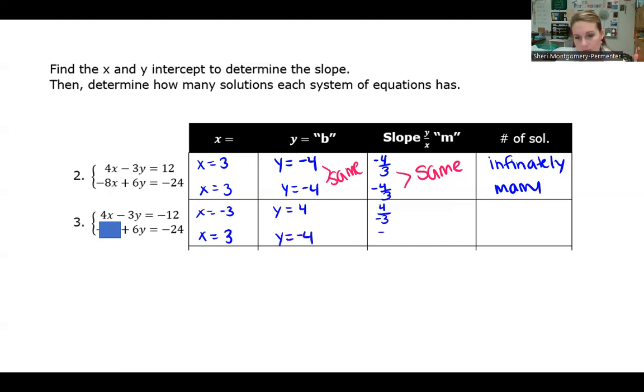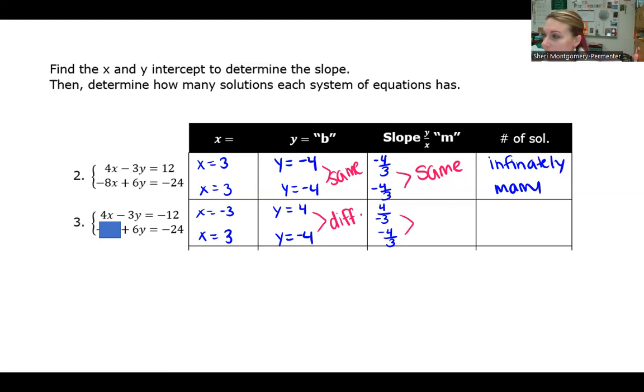So this one is -4 divided by 3. And we need to compare them. So the y-intercepts, are they the same or different? Different. What about my slopes? Are they though?